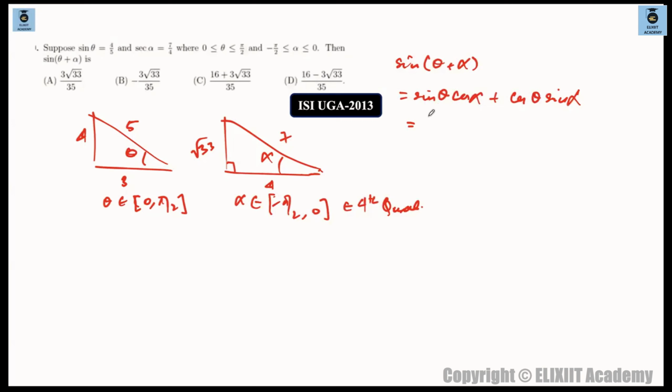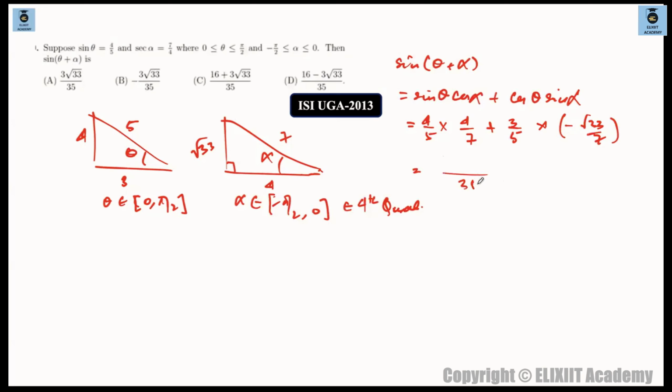अच्छा, sin theta will be 4/5, दे रखा है क्वेश्चन में. Cos of alpha now comes from the fourth quadrant. अच्छा, fourth quadrant में cos is positive, so this will be 4/7 plus cos of theta, first quadrant, कोई प्रॉब्लम है नहीं, 3/5 into sin of alpha, माने fourth quadrant here sign is negative, so minus of root 33/7. ठीक है.